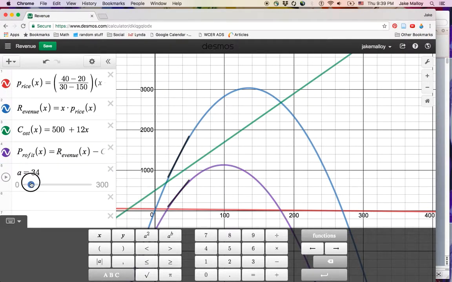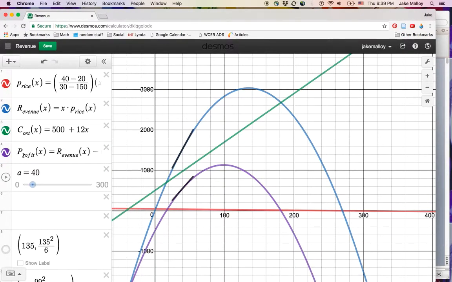So as you can see, if my profit is in purple and my revenue is in blue, you can note that I'm going to max out my profit in a different place than I max out my revenue. So depending on what the question asks, I'll have a different answer.